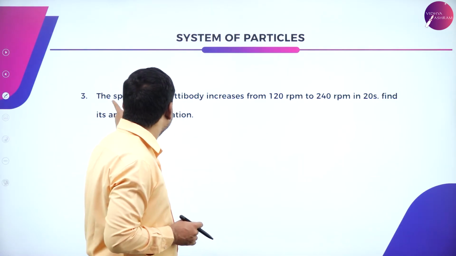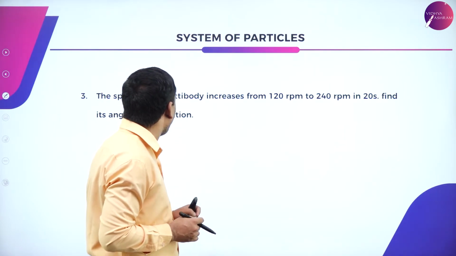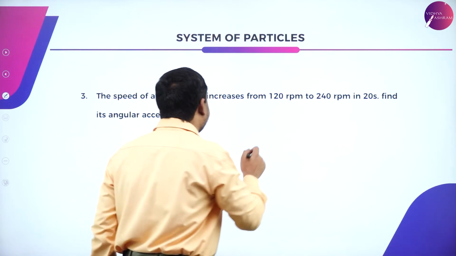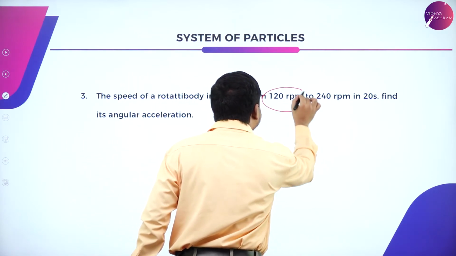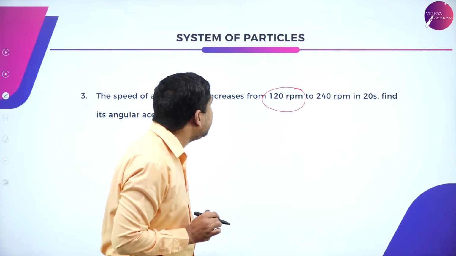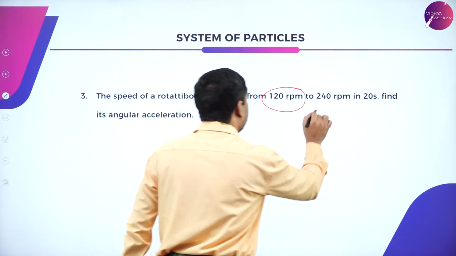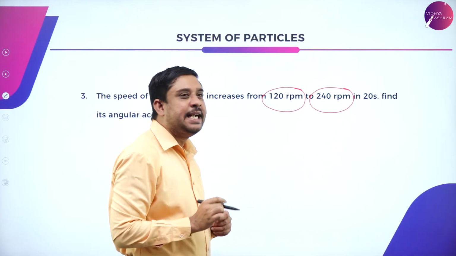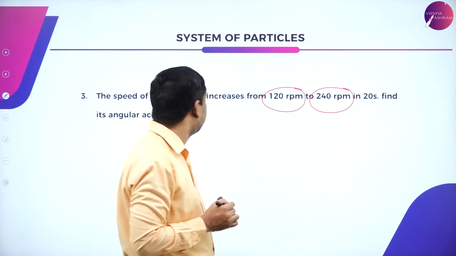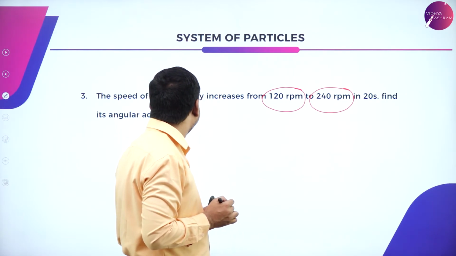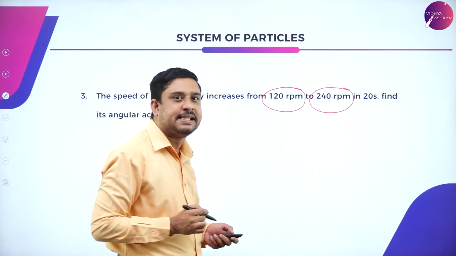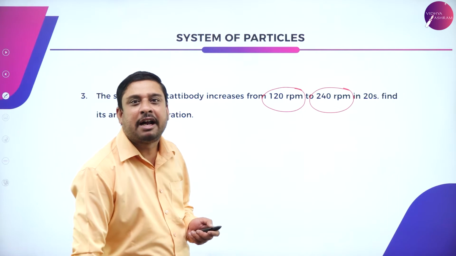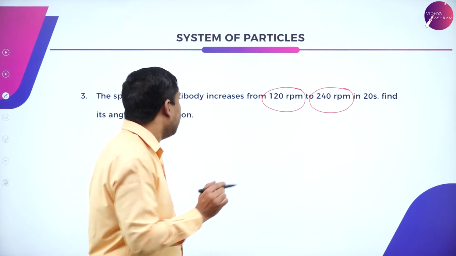Now, the speed of a rotating body increases from 120 RPM to 240 RPM in 20 seconds. Find its angular acceleration. What is angular acceleration?